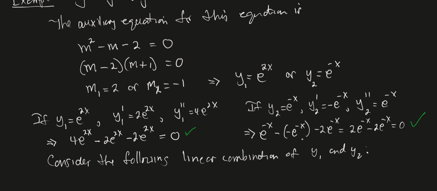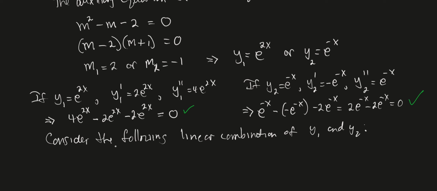So what I'm going to do now is write down another function, which is some constant times e to the 2x plus some other constant times e to the negative x, where I'm just going to say that c1 and c2 can be any real numbers.